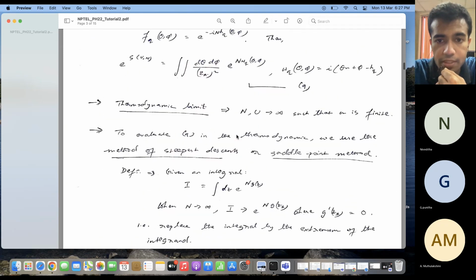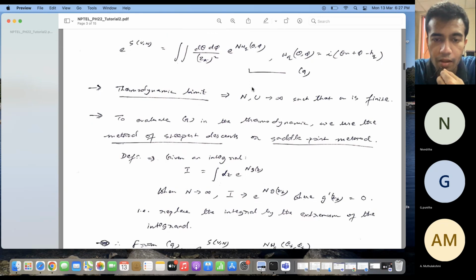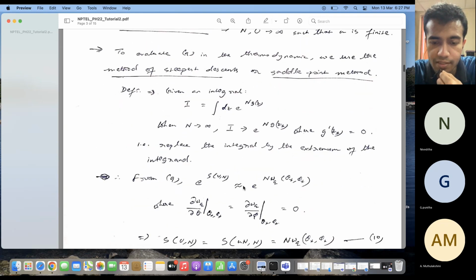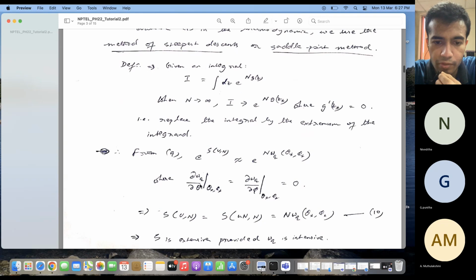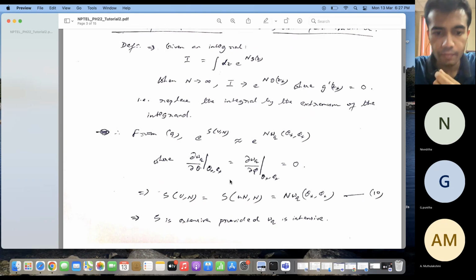So now let us suppose that this particular function w(q) has an extremum value at theta star comma phi star. Okay. Now if I apply the saddle point method to this integral, then what I get is that e to the power s is equal to e to the power n w(q) at theta star and phi star, where del w(q) del theta is equal to 0 and del w(q) del phi is equal to 0 at the saddle point, which is given by theta star and phi star.